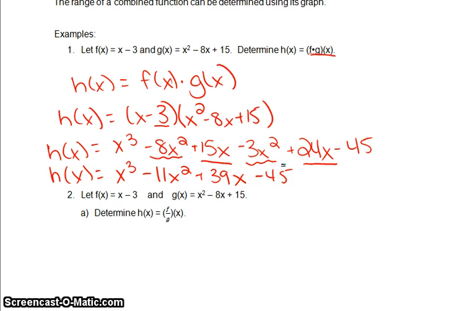And so this is our resulting function for h of x. So hopefully this question is not too bad. Just remember, we have f of x times g of x, and you just multiply the two functions together and use your foiling, distribution, all of that wonderful stuff that we've been learning throughout our whole high school career, if you like to say.